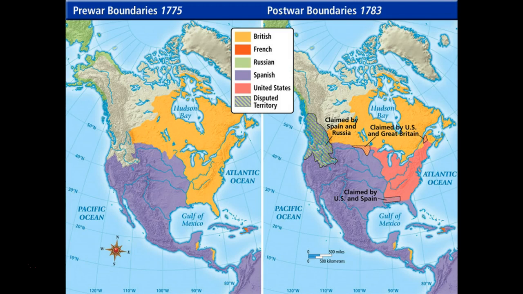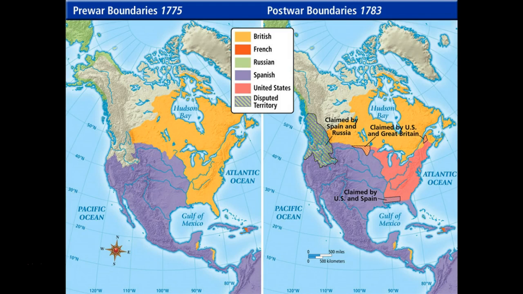So, to rehash, you have tremendous impacts in terms of population, the demographics of our country, the economics of our country, and also in terms of the land that's being used for the American colonists. They're pushing the native peoples off of it. Even though the war has come to an end, there's a lot of conflict that still has to be ironed out.